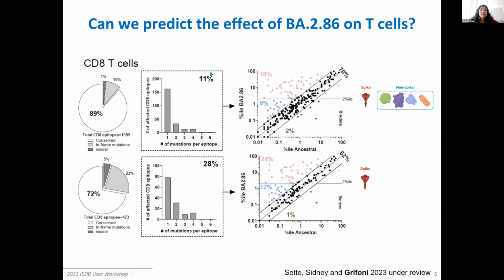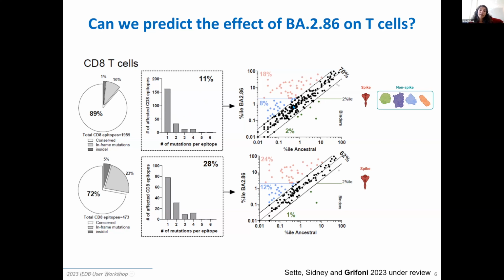What about CD8? So CD8 shows, both for the entire proteome and the spike specific, a higher fraction of epitopes that are still conserved. The number of mutations per epitope is very similar to what we see on the CD4. However, in the context of CD8, as many of you might know already, even a single amino acid mutation can be sufficient to disrupt the capability of HLA class I molecules to still bind the epitopes.